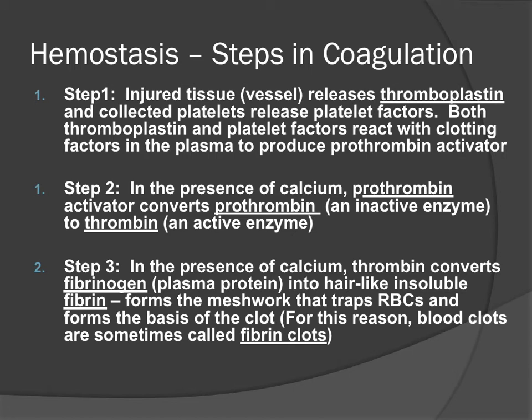This forms the meshwork that traps red blood cells and forms the basis of the clot. For this reason, blood clots are sometimes called fibrin clots. After a clot has formed, the fibrin strands contract, which produces a more compact clot and pulls the damaged tissues closer to each other.